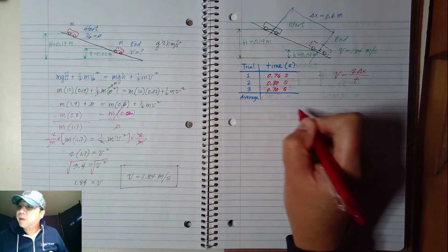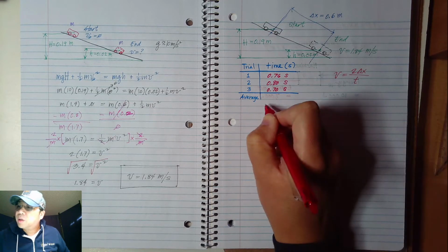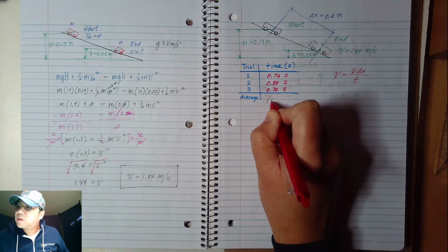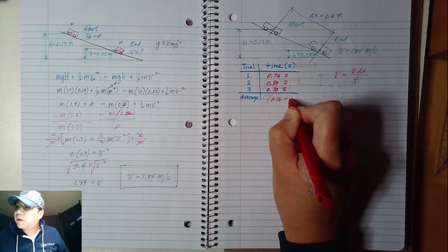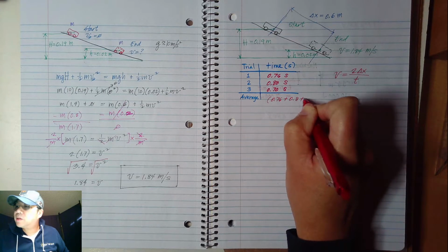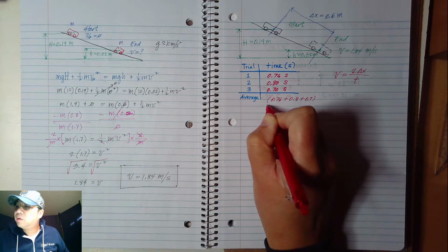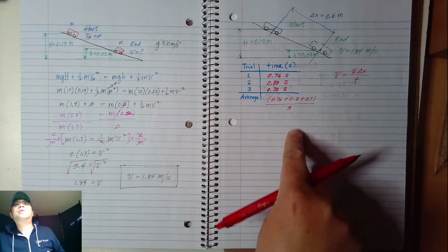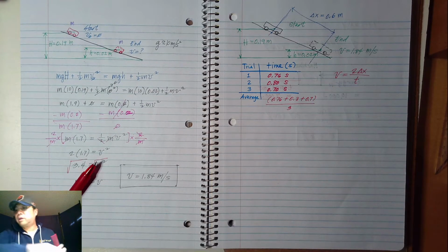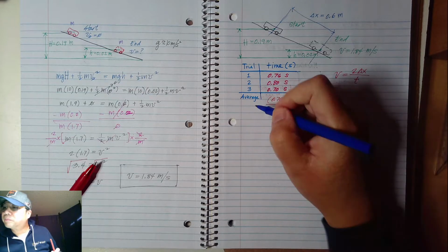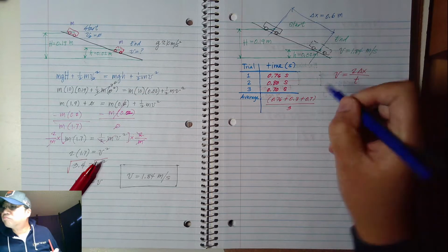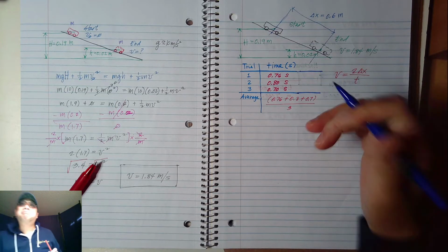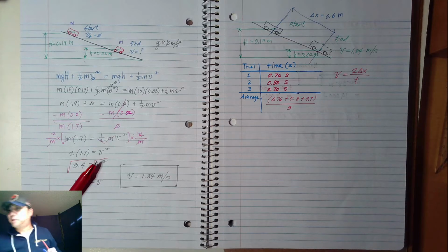The average is simply, just to show you, 0.76 plus 0.8 plus 0.7, and then you divide it by the total number of recordings. So just to make our table look better, let's extend this, so it looks much more attractive.